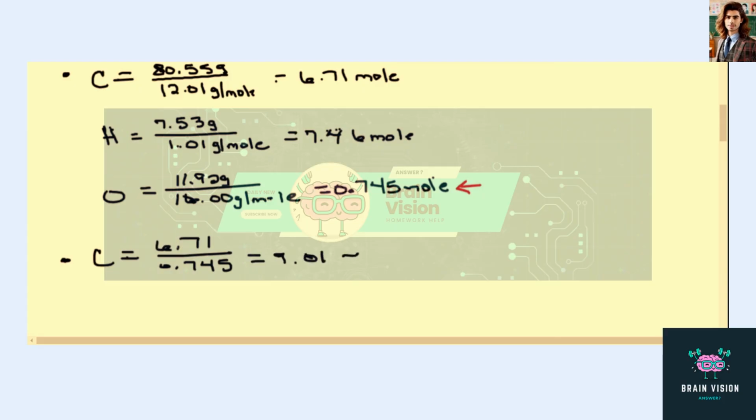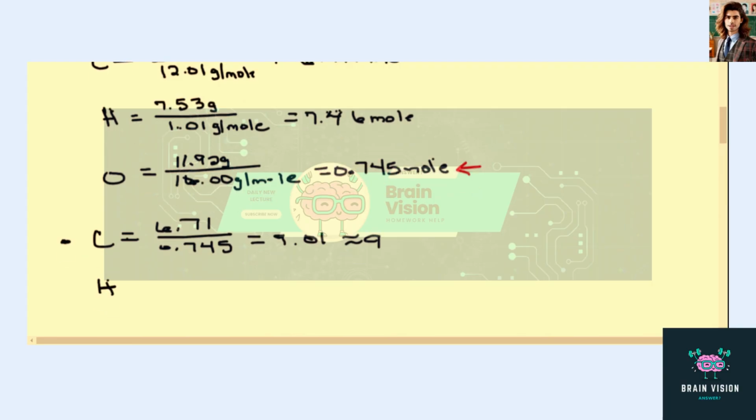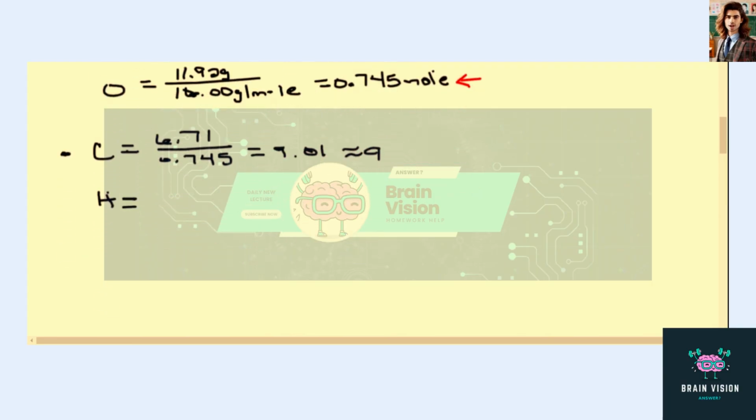And then, of course, we are going to round to the nearest whole number. Okay, and then hydrogen, we have the 7.46, and this is 10.01, whoops, which is 10. And then, of course, when you do oxygen, you're going to get 1, right? So you're going to have 1 here.